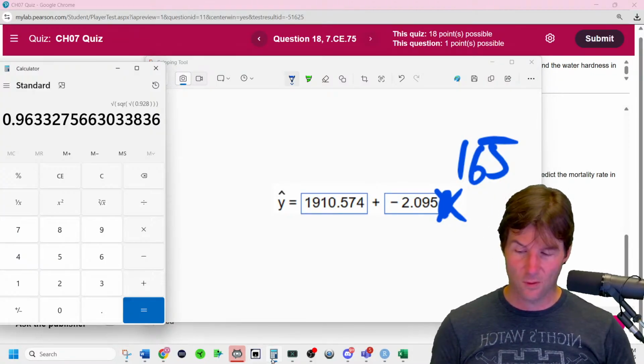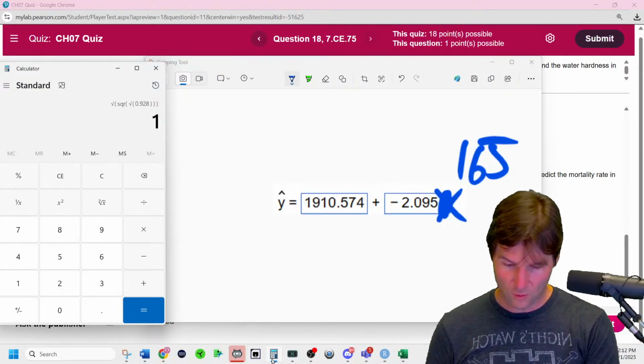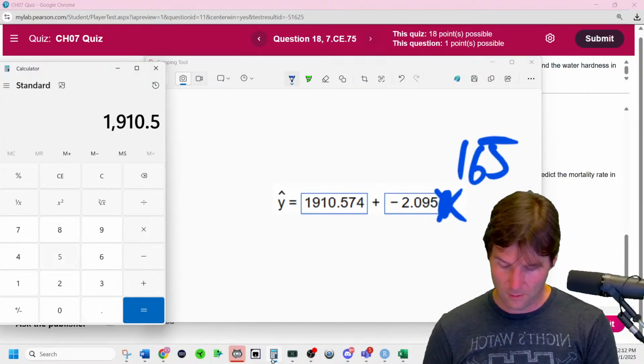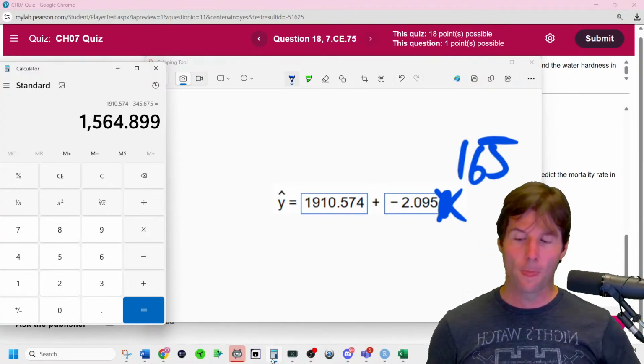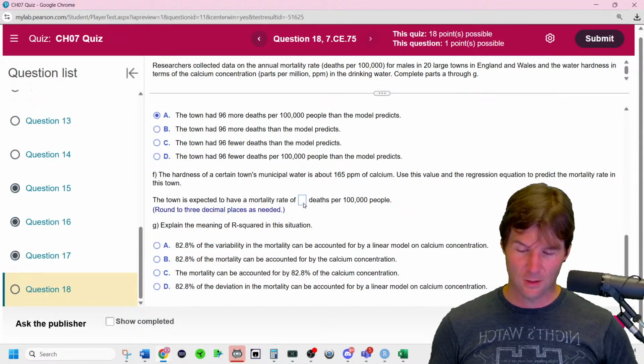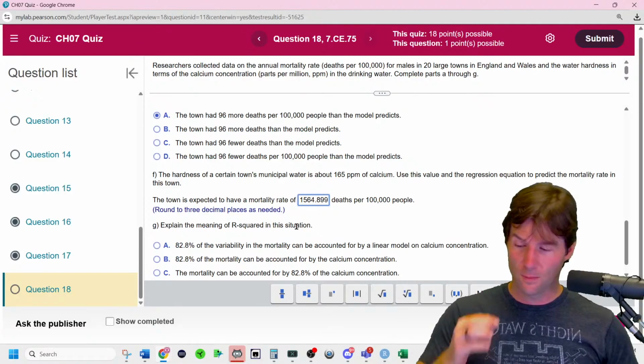So this will solve for the predicted mortality rate in hundreds of thousands. So 165 times 2.095 and 1910.54 minus, there we go. And that is the predicted in 100,000. And it wants it to 3 decimals, so we should be good.